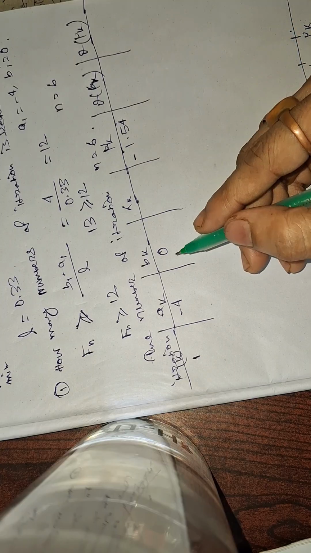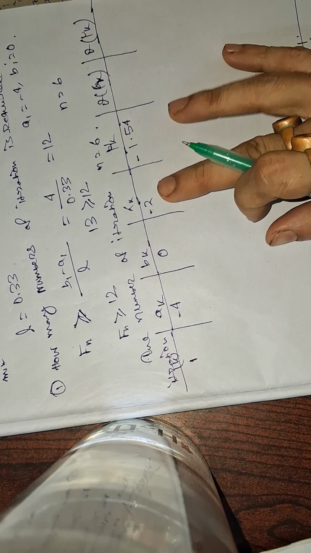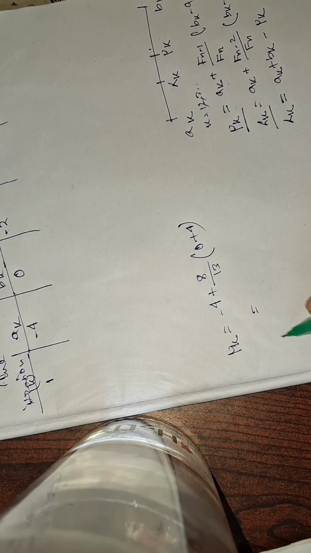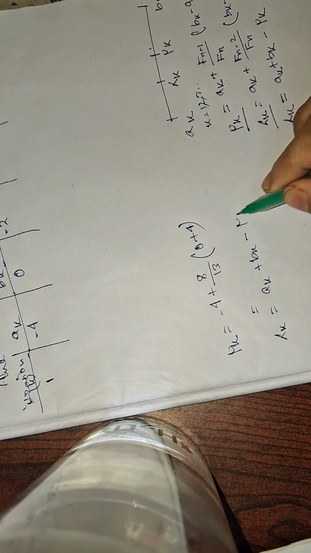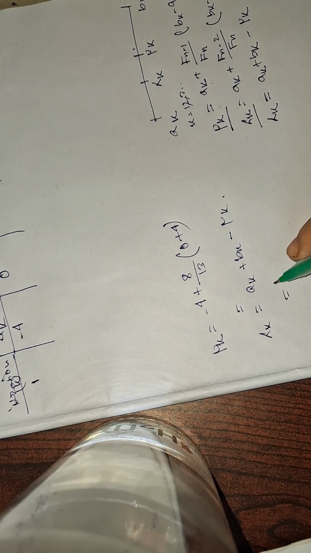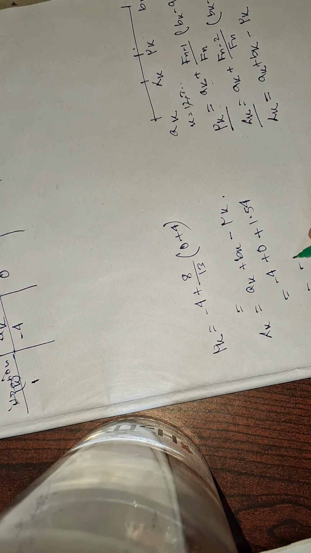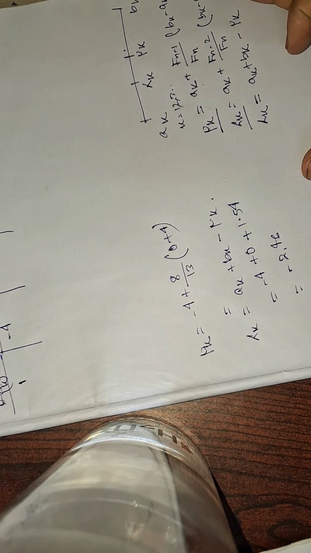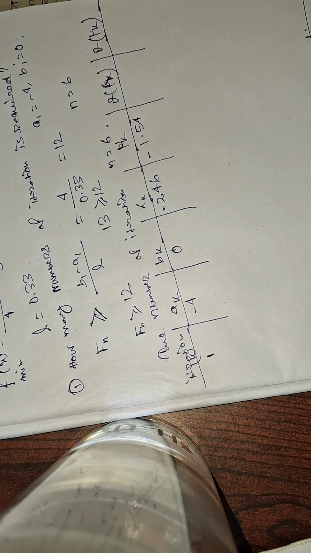Okay, so how can we find lambda k? The lambda k value we can find by using the formula ak plus bk minus mu k. Here ak is minus 4 and bk is 0 and mu k is minus 1.54. So it is minus 2.46.